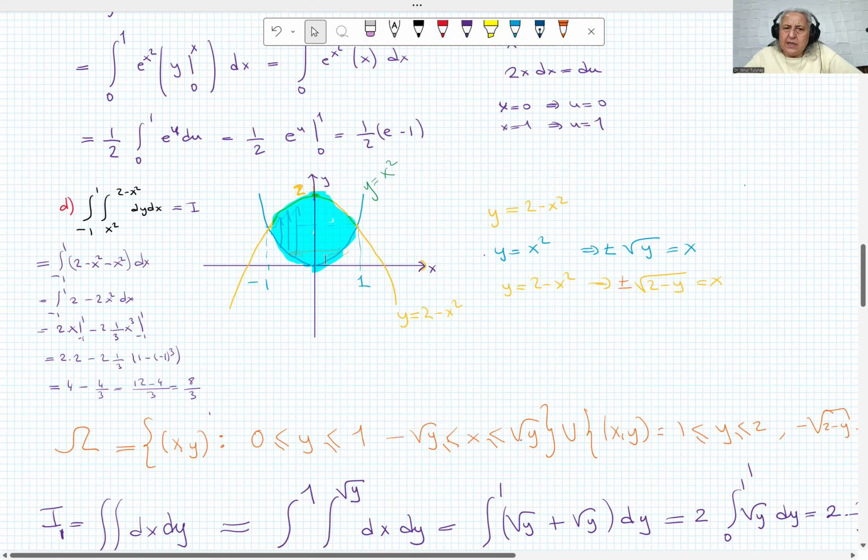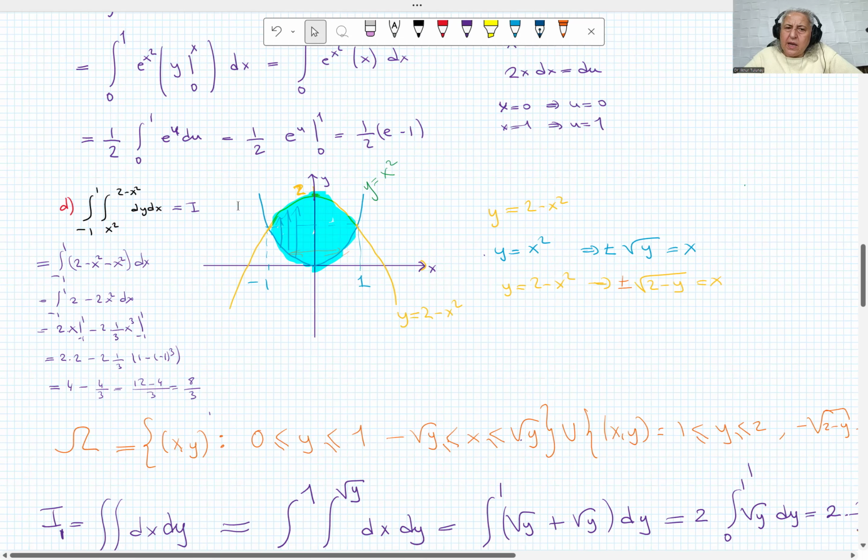Now we are going to read this region in the other way, when y is constant. So if y is constant, you're looking from this direction. If you look from this direction, y changes from 0 to 2.